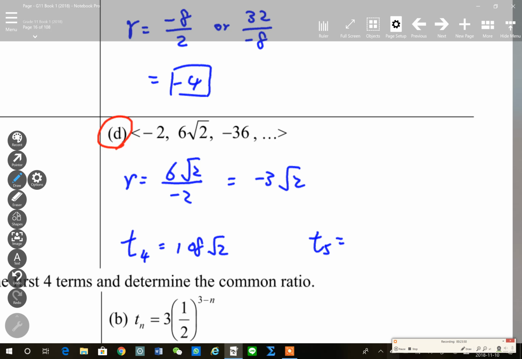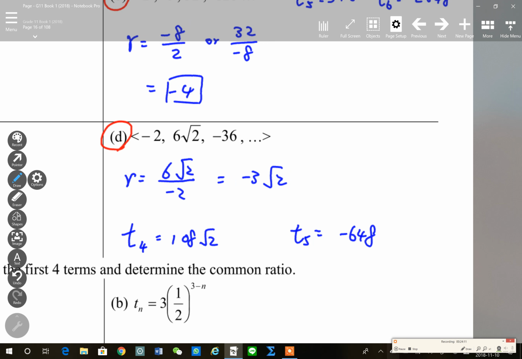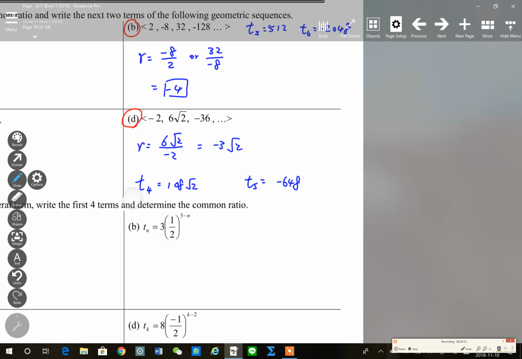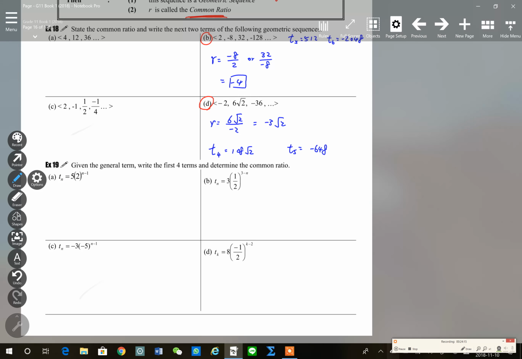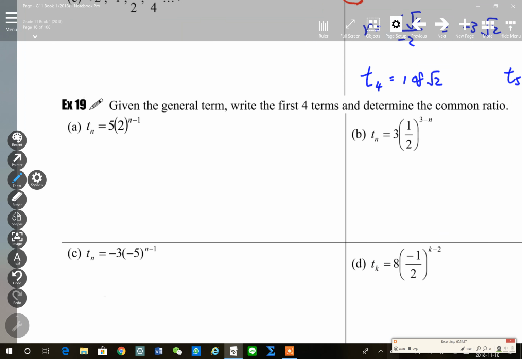What's 108 times 3? It's a rhetorical question. 324, and then √2 times √2 is actually 2, right? So you just double it. So the answer is -648. Good. Okay, so next one.